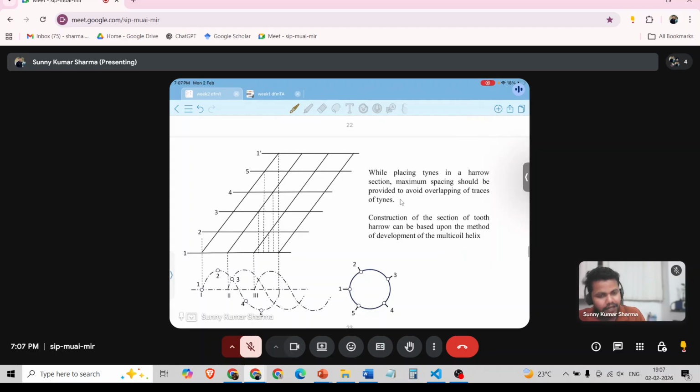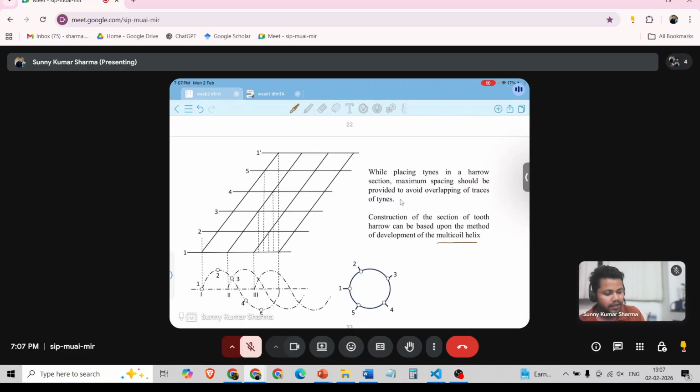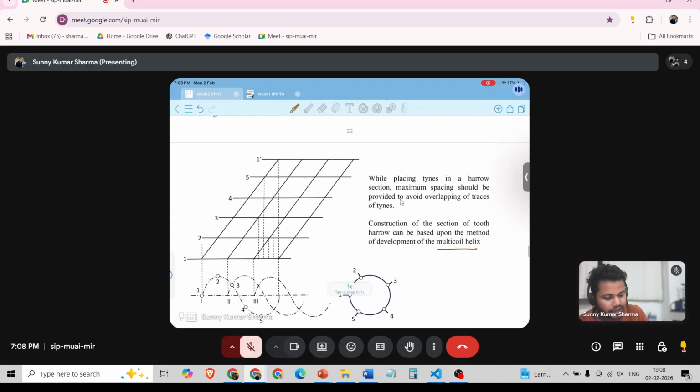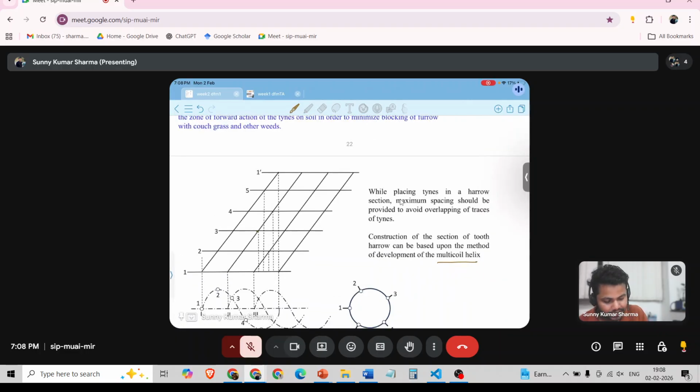And how do we arrange those tines on a frame? It is arranged in a multi-coil helix type construction. Suppose this is where those tines are arranged. While placing tines in a harrow section, maximum spacing should be provided to avoid overlapping of traces.